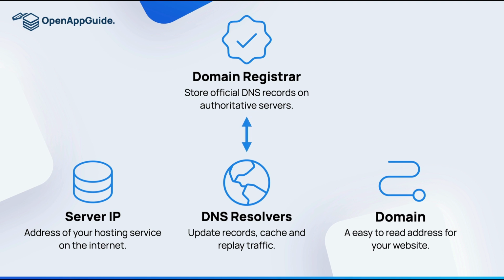These DNS resolvers kind of act like phone books for the internet. They're going to keep a record of how people can find your website. After your domain name has been propagated out to the world, people can put in your domain name in a browser, pick up the location from the DNS resolver, and then get routed to your hosting server.